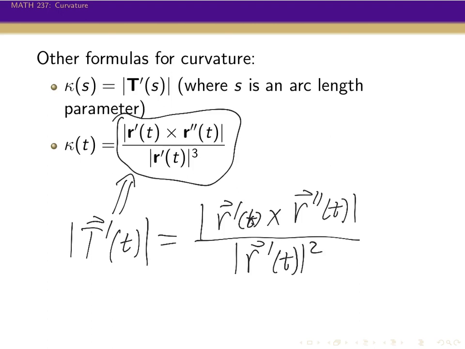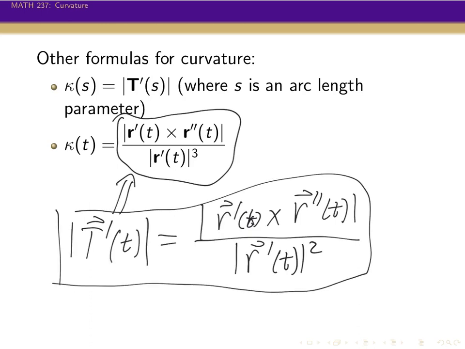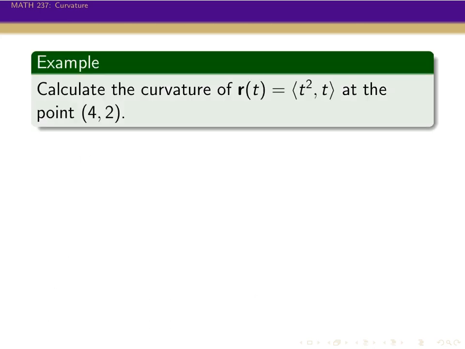Once you convince yourself that this is true, and this is just a lot of algebra, then this formula for kappa follows immediately from that. Okay, so let's leave it there, but let's allow ourselves to use it.